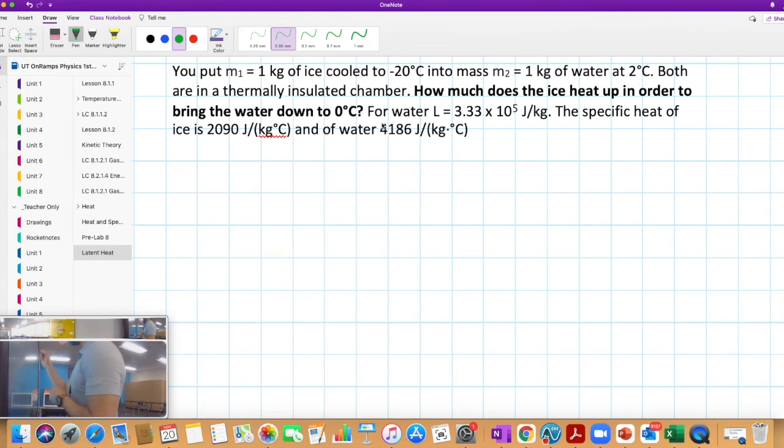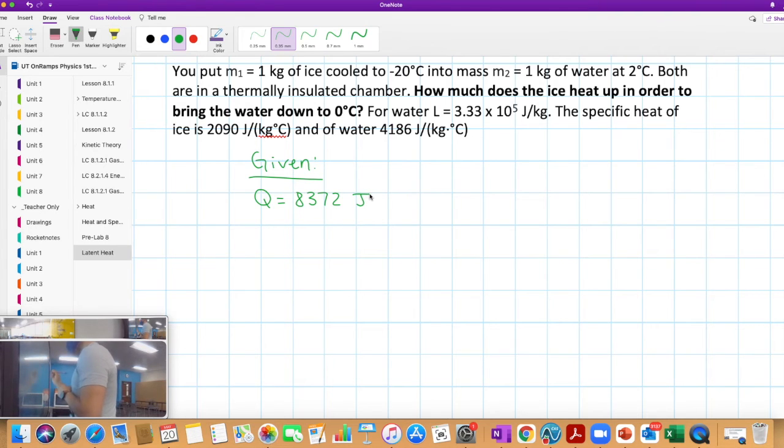Okay? So let's start with our givens. Now don't get confused. This question is talking about the ice, not the water. So we have heat required. I'm just going to write Q to not make it confusing. So 8,372, that is the energy available from the water, which is going to be used up by the ice. Mass of the ice, which is 1 kilogram.